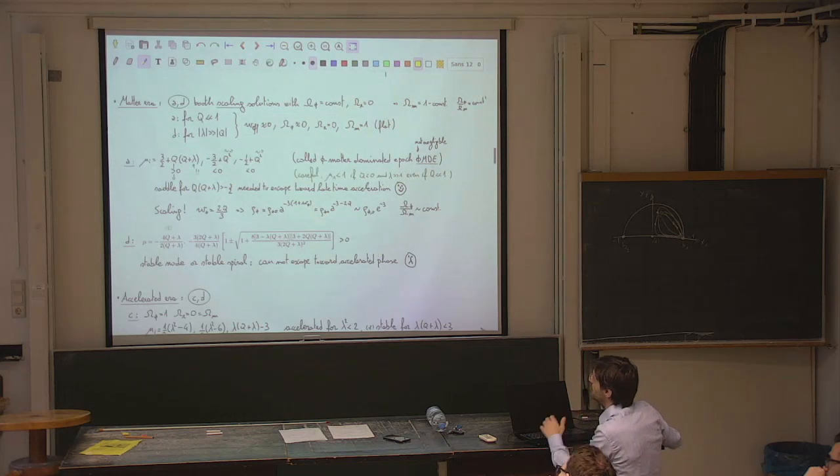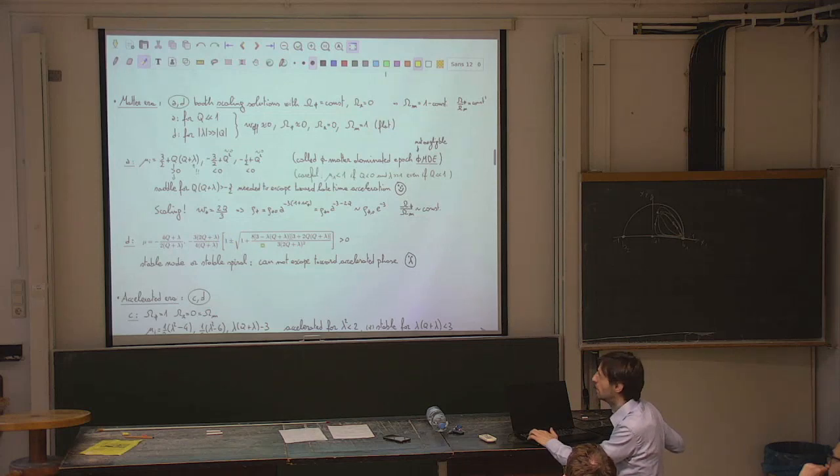Then we have the other candidate, which is the critical point D, which has these three eigenvalues. So we have mu1, and then we have mu2 and mu3. You see this looks like one equation, but there is a plus and minus, so these are two eigenvalues. So we have three eigenvalues.